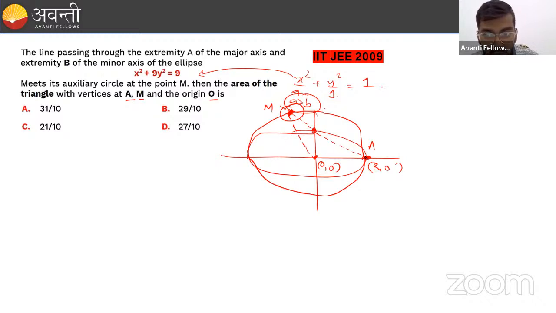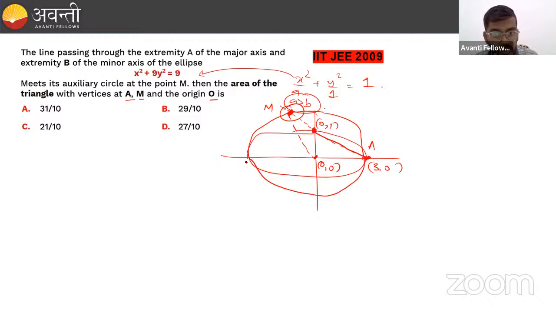So you know this line equation, right? You know this point. What is this point? This is (0, 1). So you can find the line equation, and then this line passes through the auxiliary circle. You can find the point of intersection with the auxiliary circle. What will be the auxiliary circle for this?